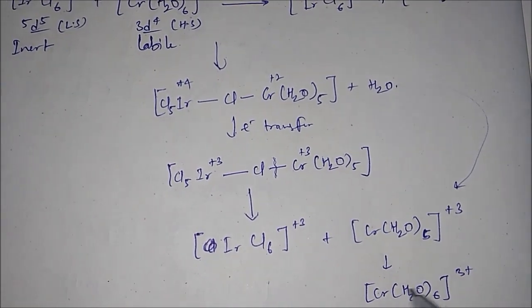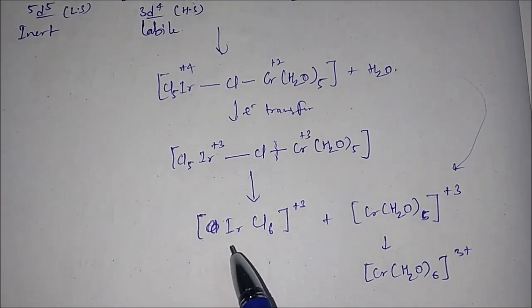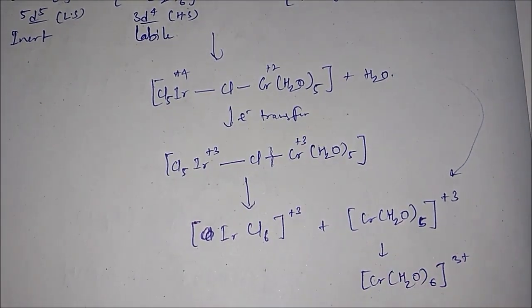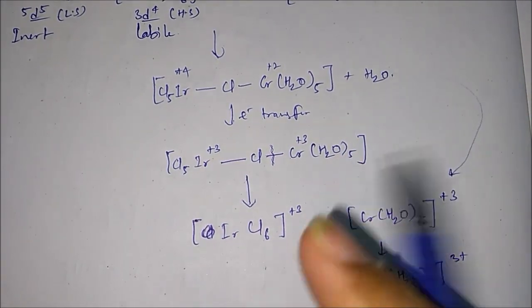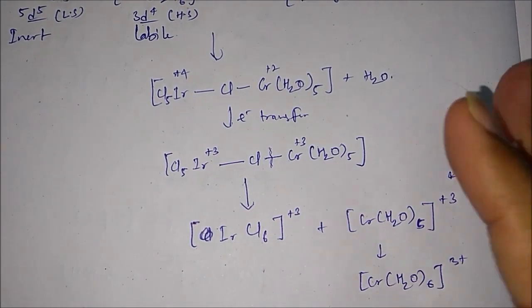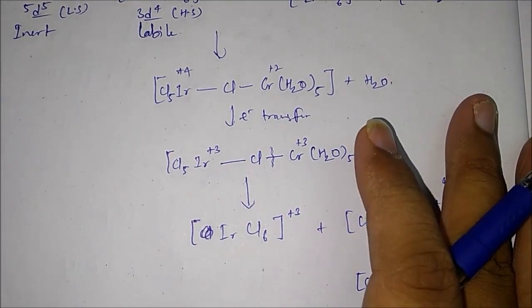So the reaction proceeds so that ligand transfer didn't take place and only electron transfer happened. So this is also an example of inner sphere electron transfer without ligand transfer. Okay, so this was about inner sphere electron transfer.